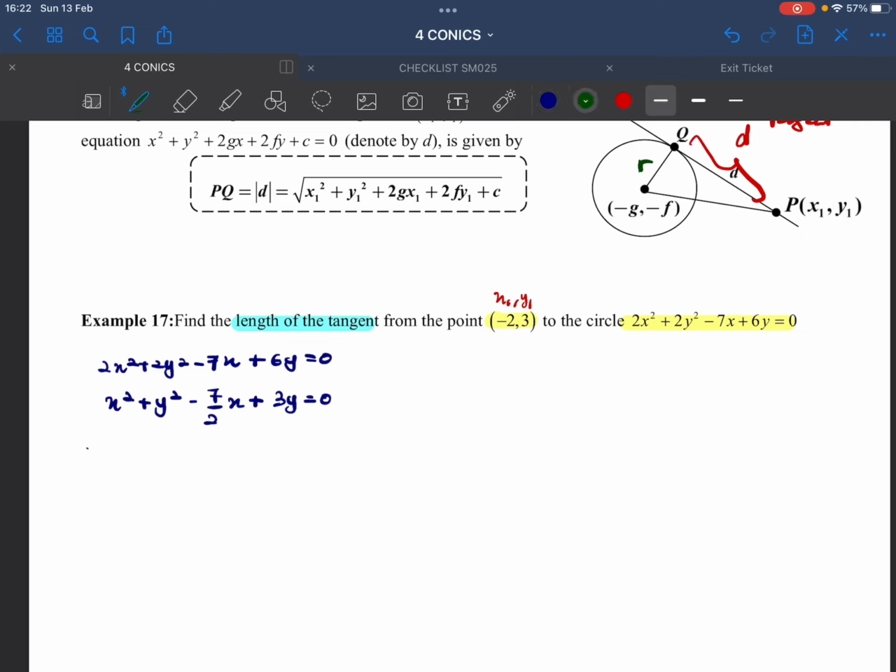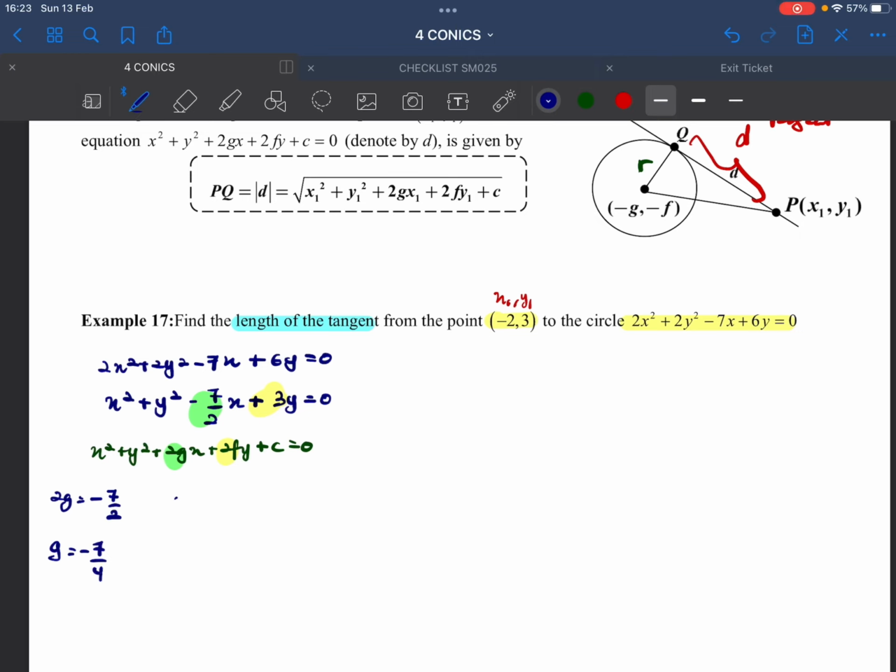Compare with the general equation, 2gx plus 2fy plus c equals to 0. We compare negative 7 over 2 with 2g and 3 with 2f. So here we have 2g equals to negative 7 over 2, so our g is negative 7 over 4.